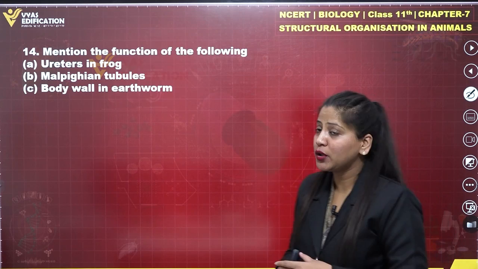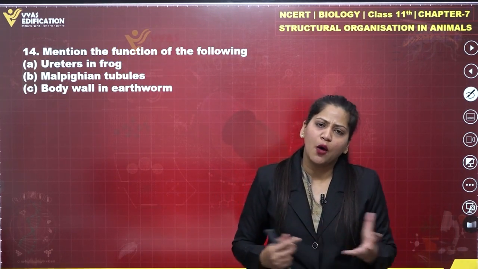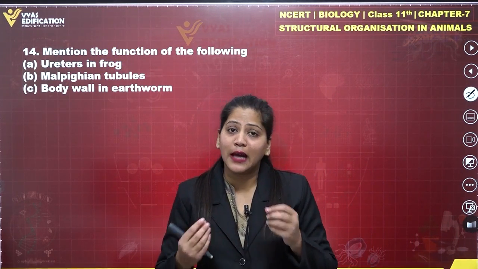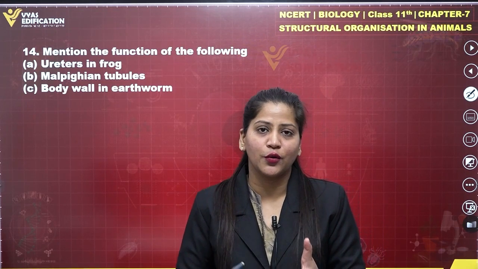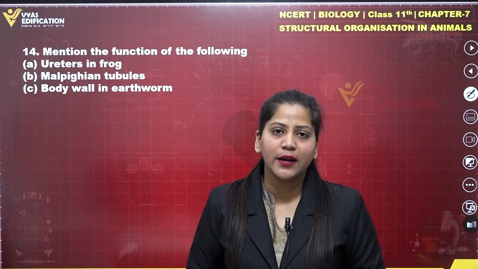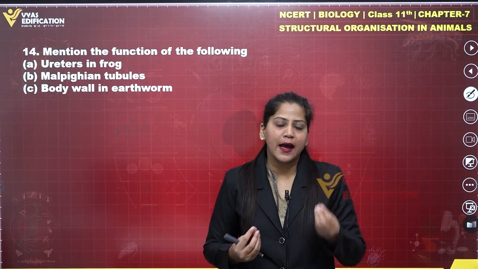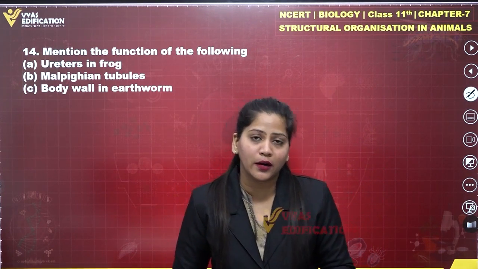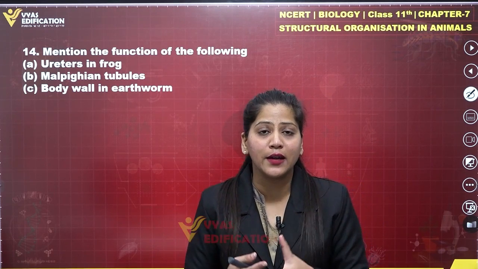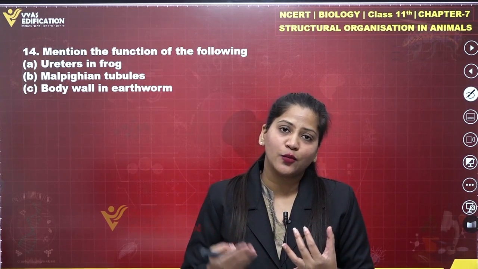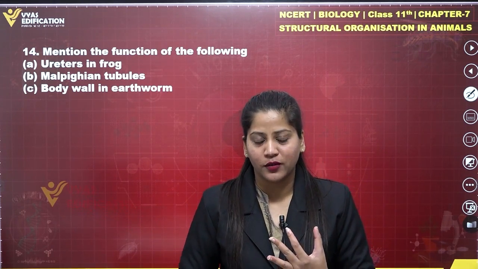Alright, so if we talk about the function of ureters in frog, obviously ureters are the duct which collects urine, right? In the male frog, the ureters act as urogenital duct which carries sperms as well as urine.